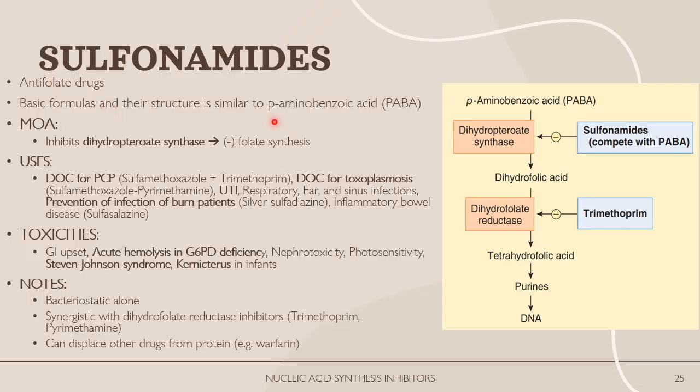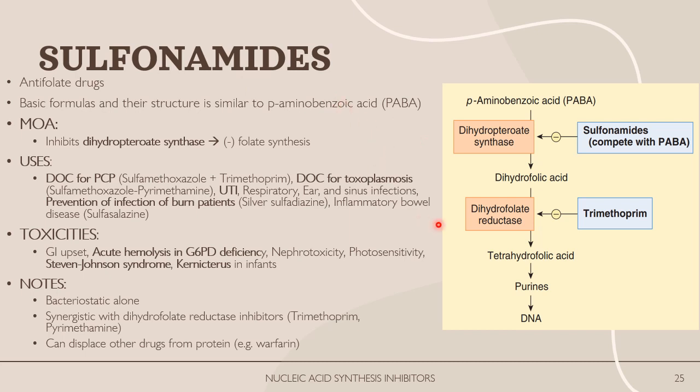Now let's discuss your sulfonamides. Along with your trimethoprim and pyrimethamine, they are known as your antifolate drugs because they prevent the formation of folic acid. By the way, your bacteria can produce their own folate or folic acid, compared to humans, who need to take it exogenously through diet or vitamins.